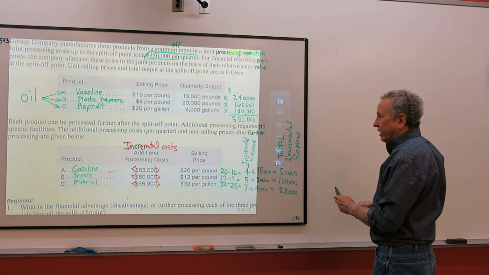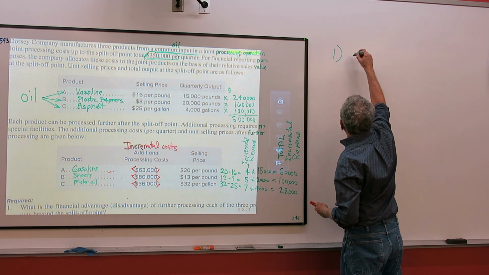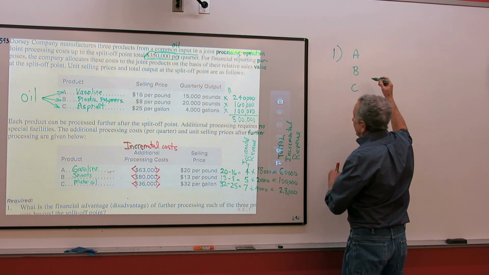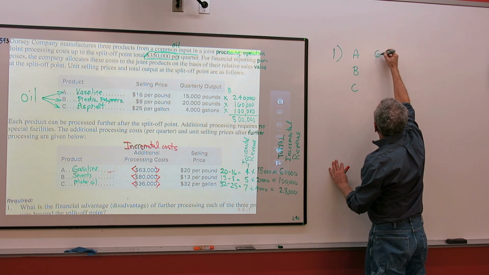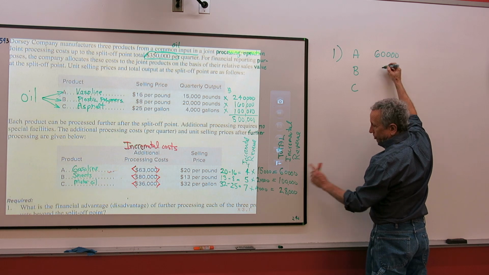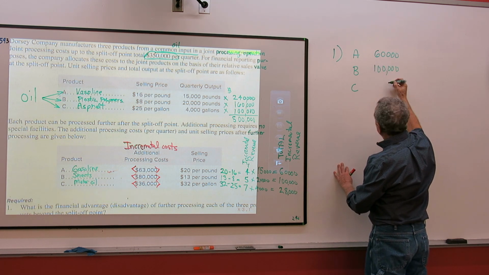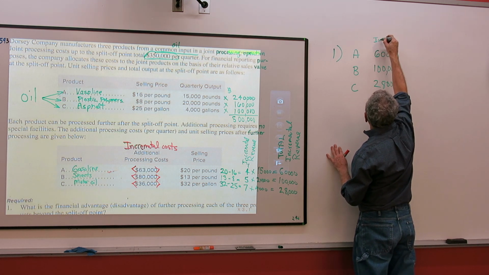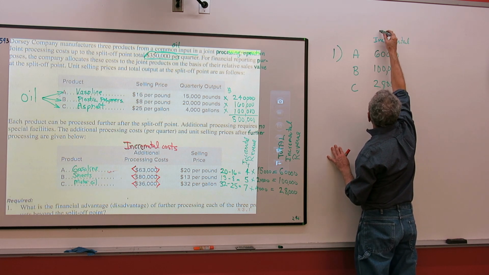Well, let's take a look at it. We'll say again, on product, let's just label this as number 1. And we've got product A, B, and C. And we know that the incremental revenue, let's take it first. The incremental revenue is $60,000, $100,000, and $28,000. That's incremental revenue.